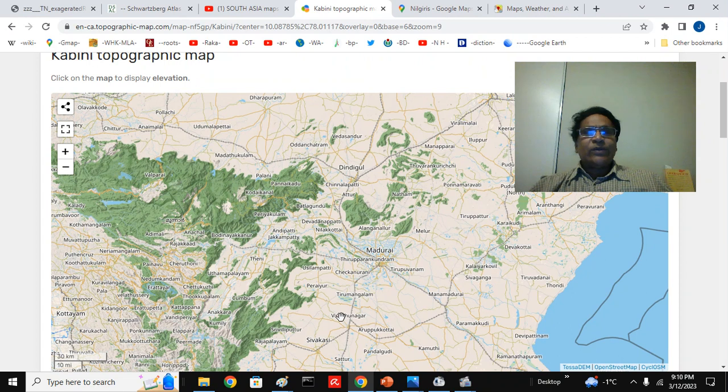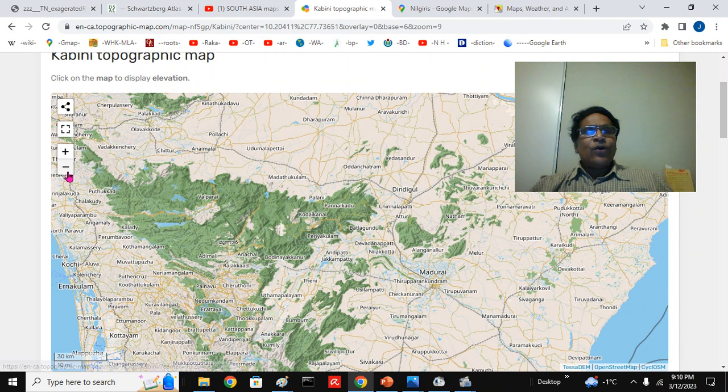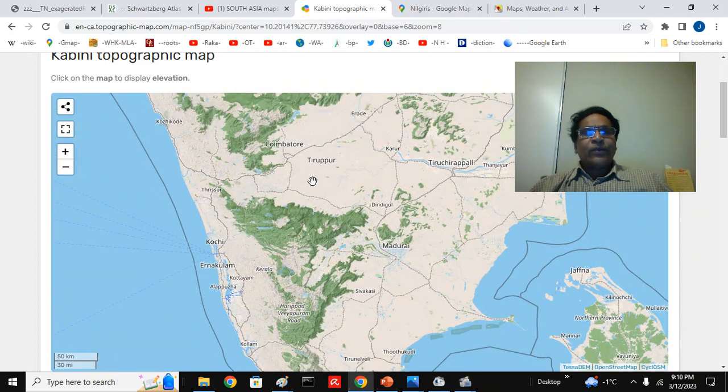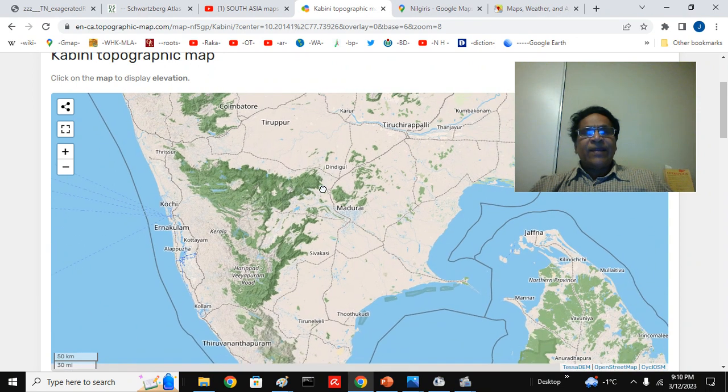Madurai is 135 meters, that means they should be around 300-400 meters on average, similar to Cauvery Uplands, Coimbatore Uplands, Dindigal Madurai Uplands, and this is the Vaigai Tambraparni Basin, southern part of the historic Carnatic region, Tiruchirappalli.